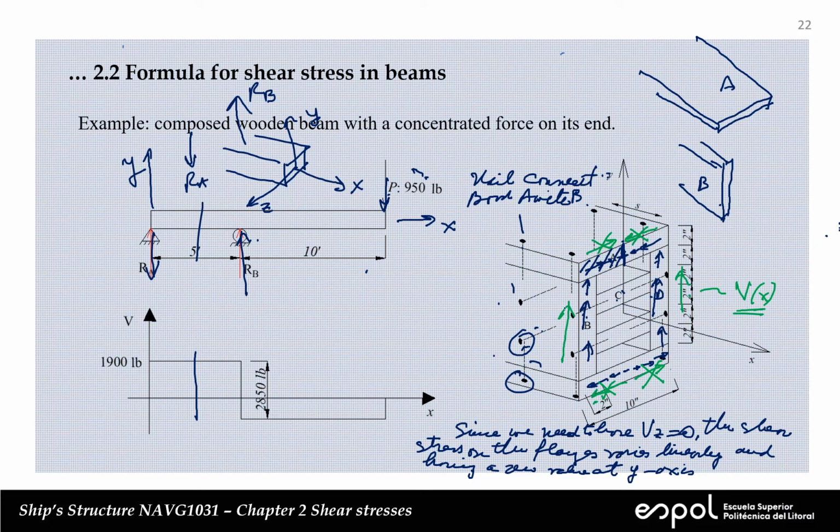So the connection between the bottom flange and the boards B or C or D, which are vertical, they're going to develop the same shear stress, and so they're going to be required to have the same spacing as the connection between boards A and B. So basically that's the required calculation.